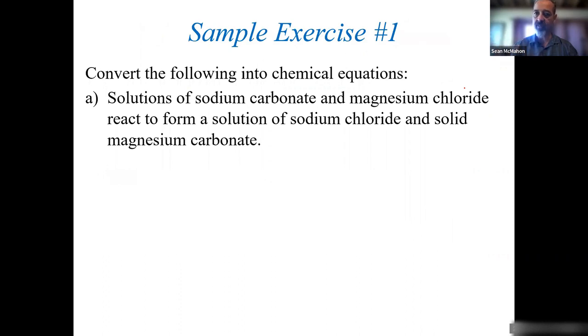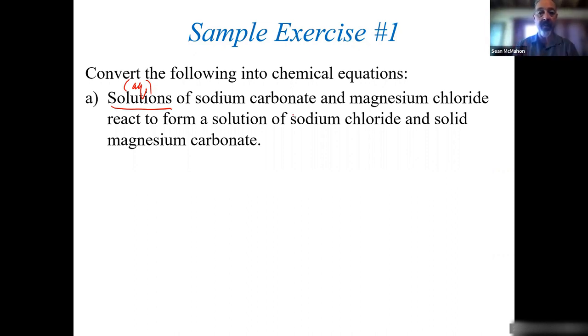So let's practice. Now, this is tricky because if your nomenclature is a little weak, you won't be able to remember this. So first, you have solutions, that means aqueous, of sodium carbonate. So don't get careless here. You have to remember, sodium is a metal, carbonate is a polyatomic ion.